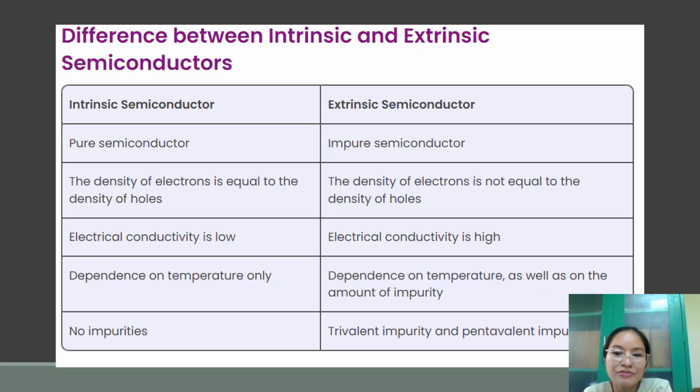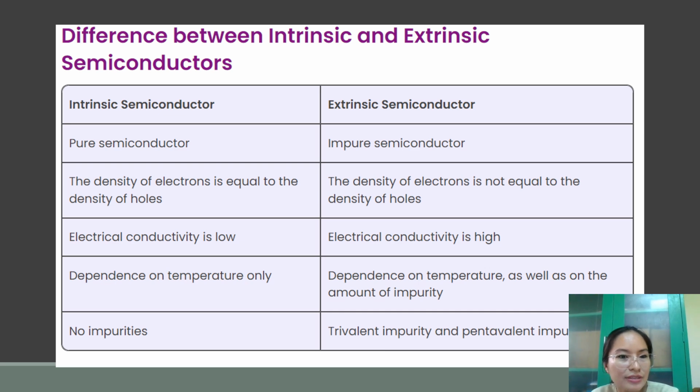Here are the differences between the two. Intrinsic semiconductor is pure, but extrinsic is impure. In intrinsic, the density of electrons is equal to the density of holes. In extrinsic, it is not equal. In intrinsic, electrical conductivity is low, but in extrinsic, electrical conductivity is high.